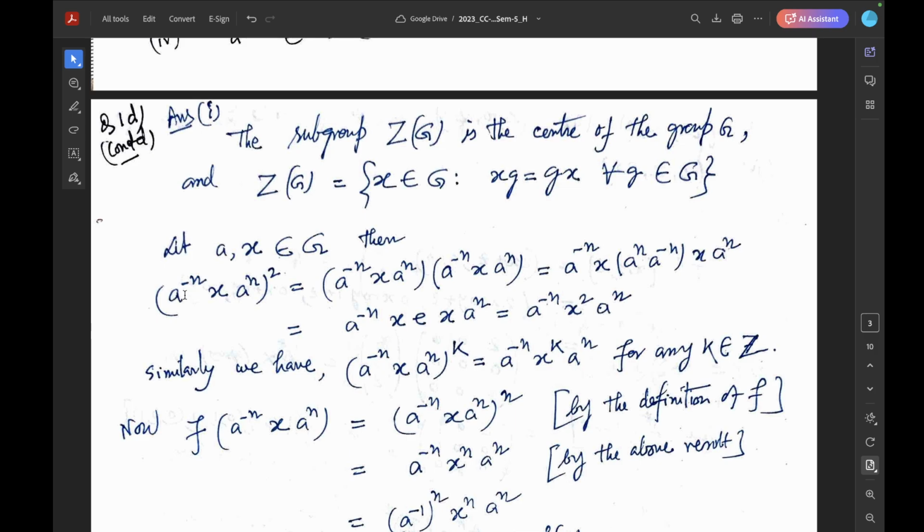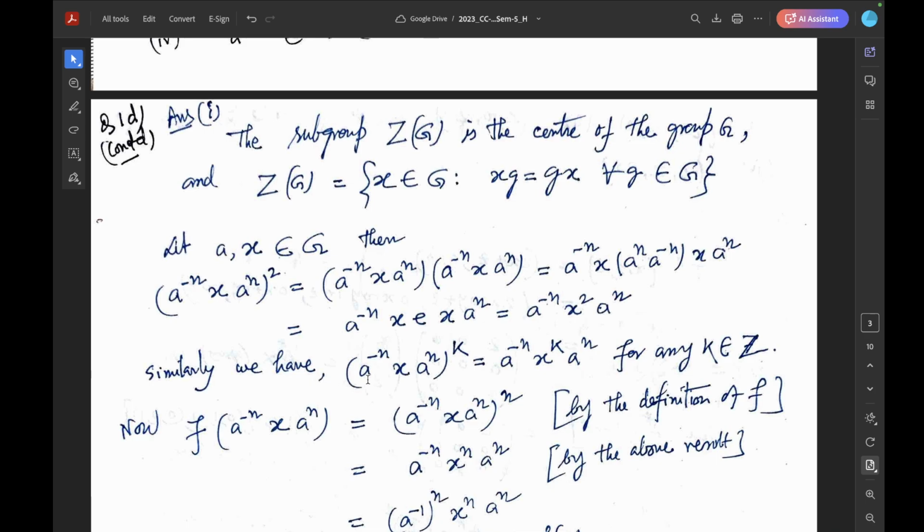Then (a to the power minus n x a to the power n) whole to the power 2 is equal to a to the power minus n x a to the power n into a to the power minus n x a to the power n. This is equal to a to the power minus n x a to the power minus n bracket a to the power minus n x a to the power n, and this is equal to e. So after simplification, we get a to the power minus n x square a to the power n.